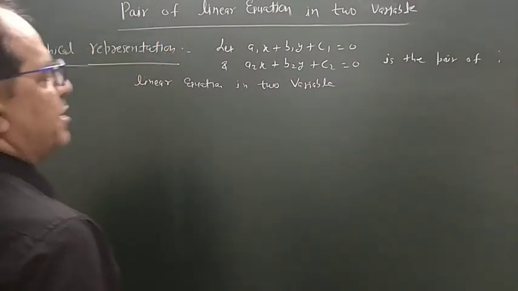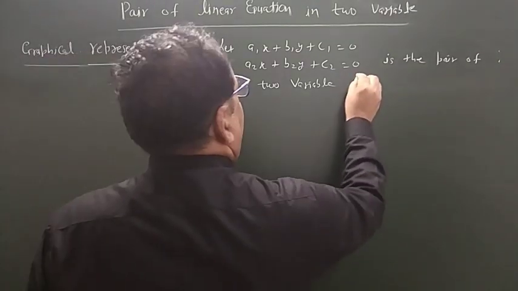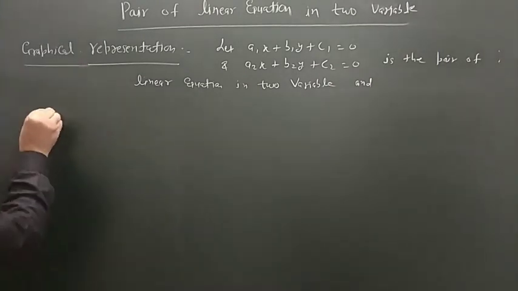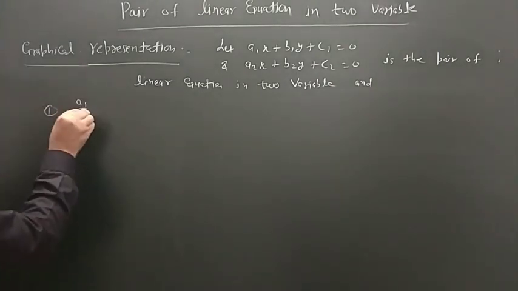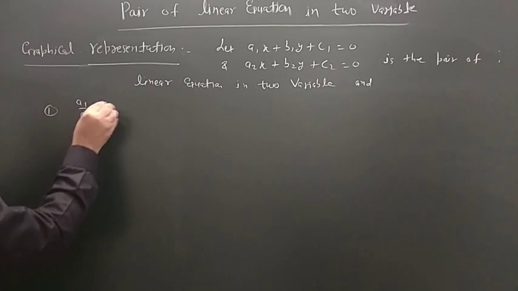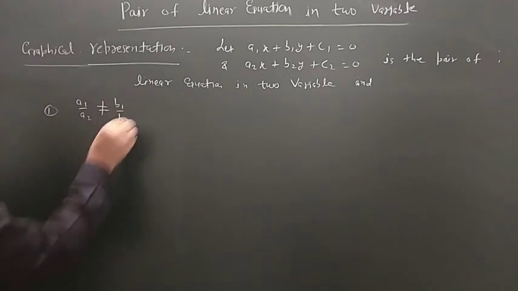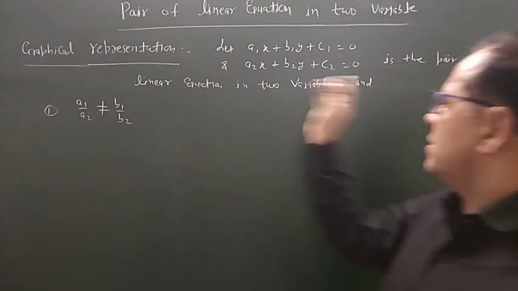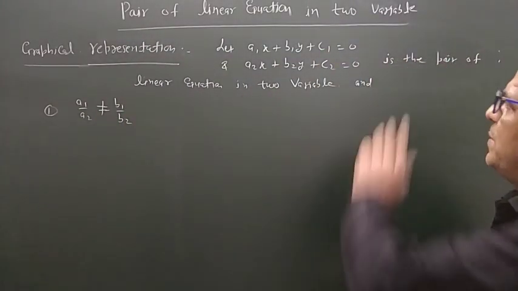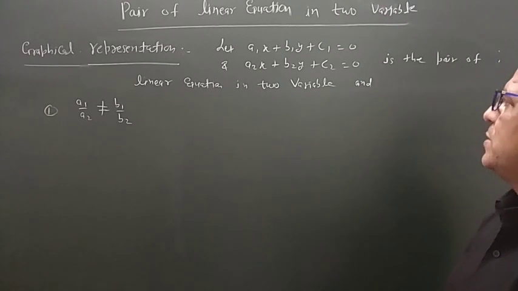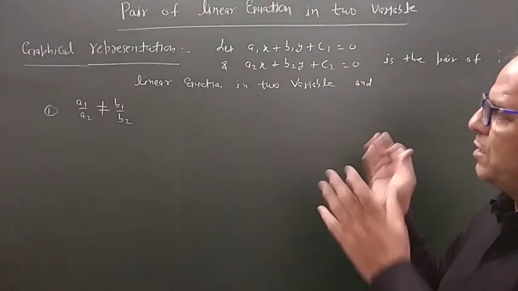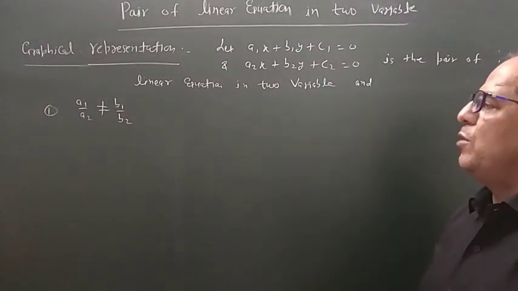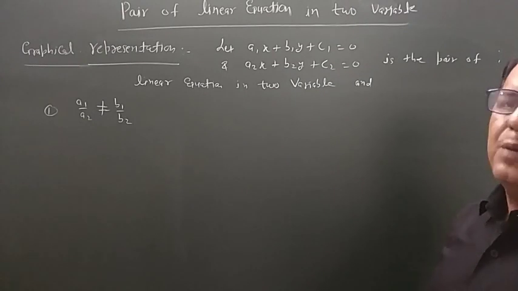Condition 1: a1 upon a2 not equal to b1 upon b2. This is the first condition. This represents the system of linear equations, or the pair of linear equations.